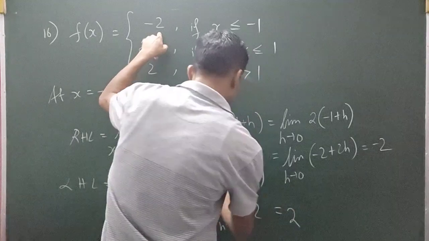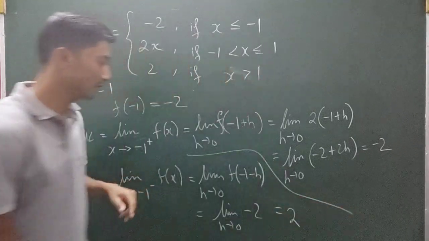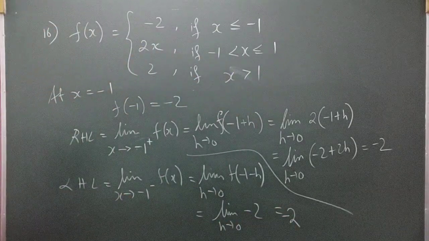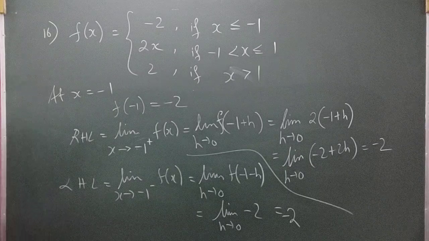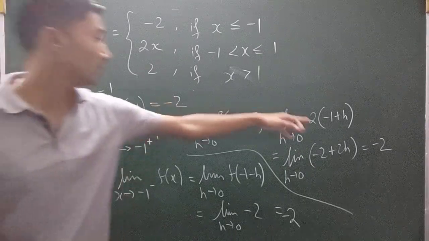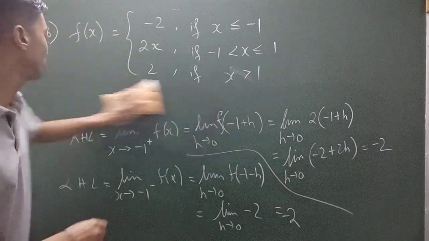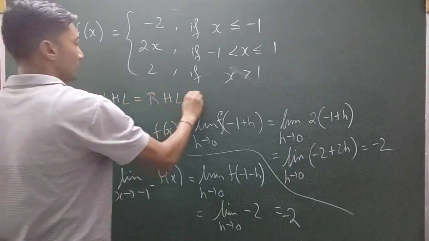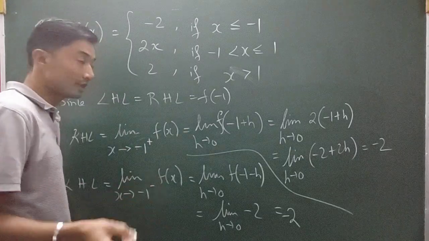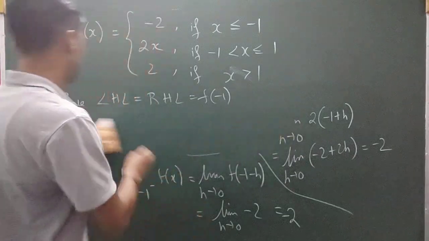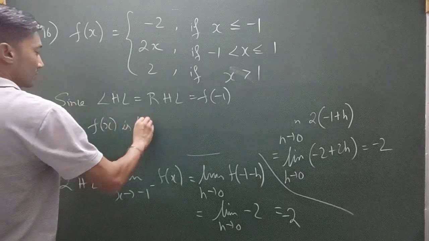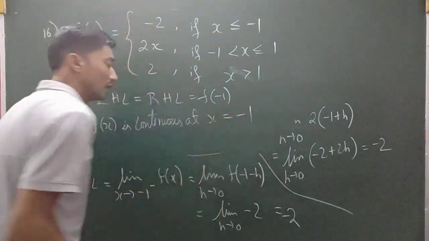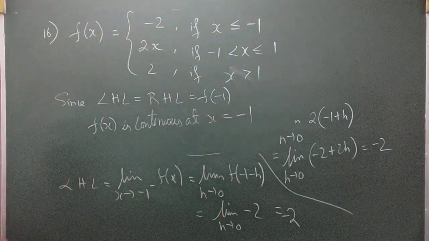So unlike the previous question, we have minus 2, minus 2, minus 2. So what do we conclude? Since the left hand limit is equal to the right hand limit, which is equal to the value of the function at x equal to minus 1, f of x is continuous at x equal to minus 1. So that point is done. Clear?